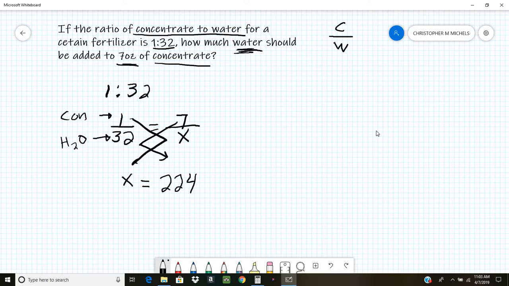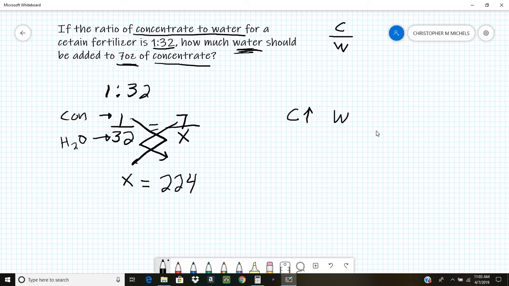Now we look at this one. Notice I didn't have to do anything division-wise because when you just do 1 times x, you just get x. And it makes sense. As our concentrate increases from 1 part to 7 parts, the water increased 7 times as much too, from 32 to 224. So again, you look at direct relationship.